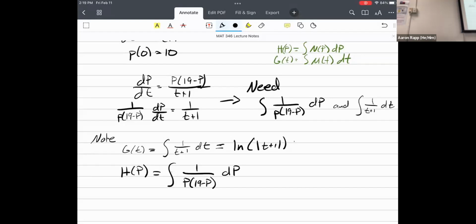Well, if it was just 1 over P, would you be able to integrate that? If it was just 1 over 19 minus P, would I be able to integrate that? Yeah. There's another Calc 2 trick, which I get to bring up and remind everyone of again: partial fraction decomposition. Because I can break this up into two fractions where it's going to be easy integration. I just have to figure out how I need to break it up.